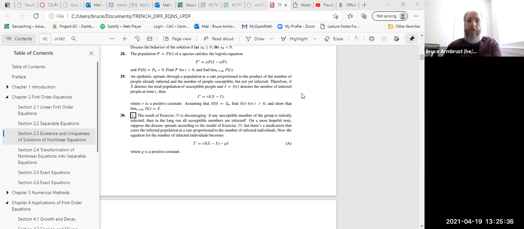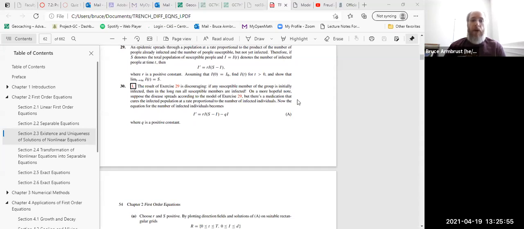We're going to be able to medicate them appropriately, and they're no longer going to be infected. So basically, what I think we should do here is just see if we can solve this. We're just going to have R and S positive and see what we get.